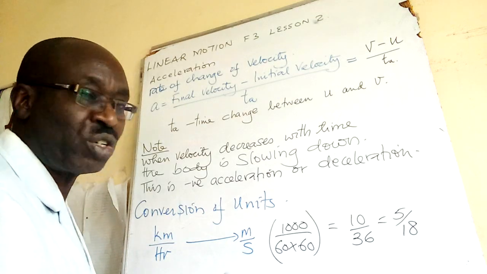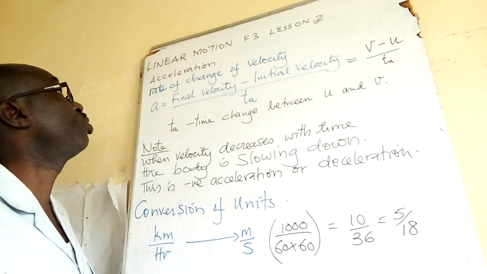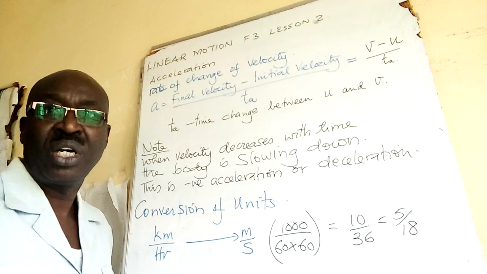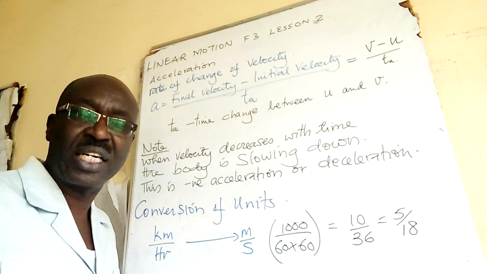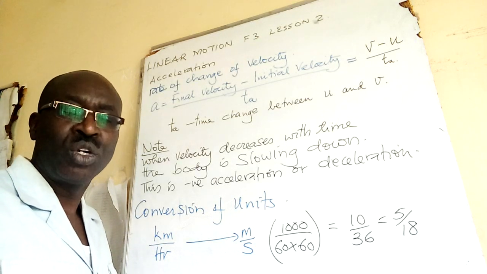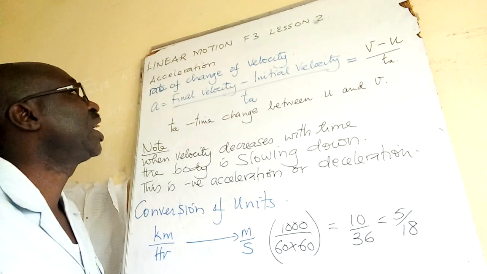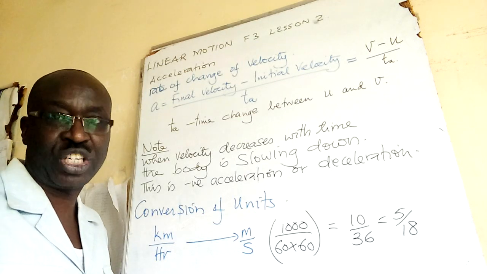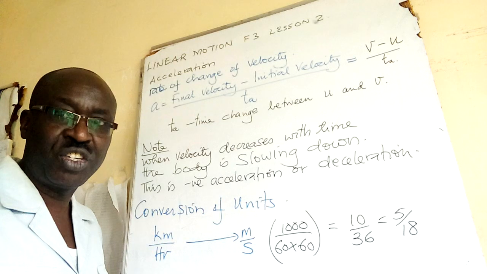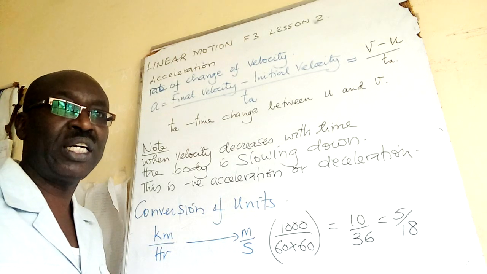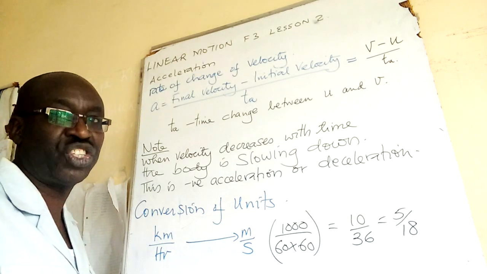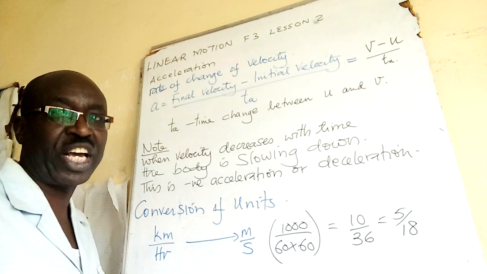So today let us look at two things. One, acceleration, and two, conversion of units. So what is acceleration? It is the rate of change of velocity. So basically, we are talking of velocity change over time taken.